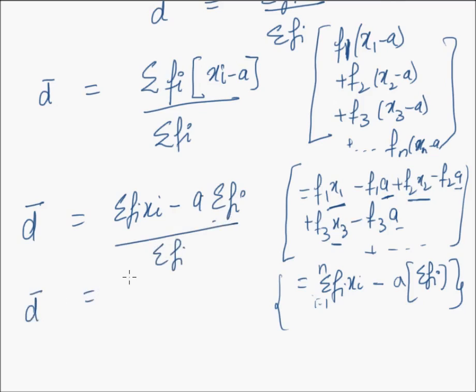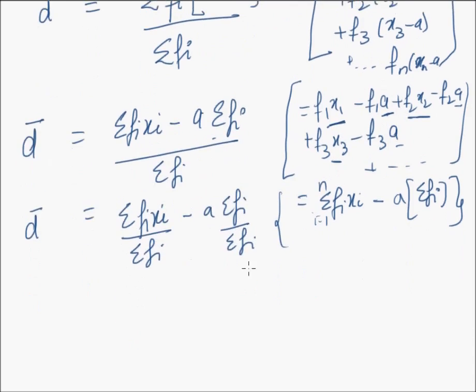So if we break this, we have summation fi xi over summation fi minus a summation fi over summation fi. Now this summation will get cancelled by this summation because both are same in numerator and denominator.